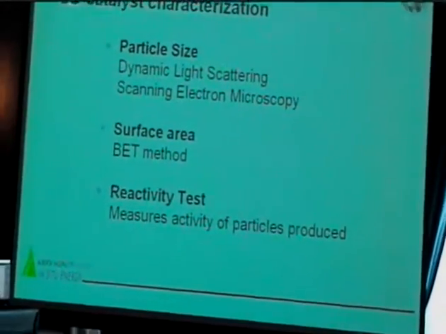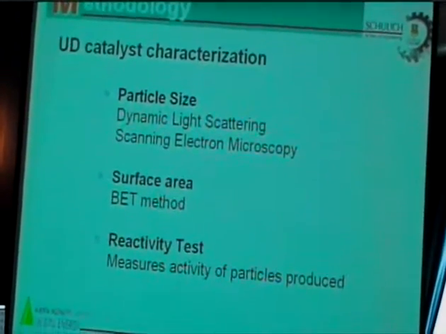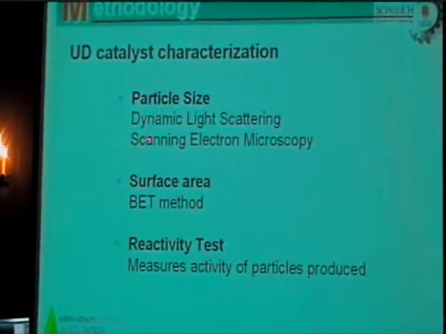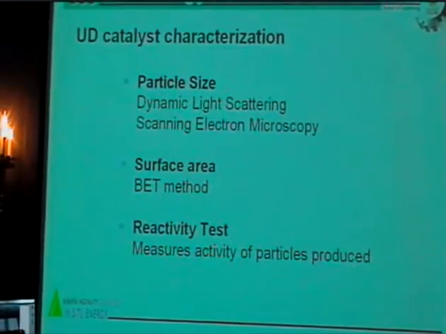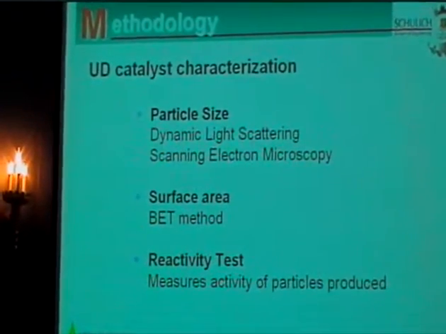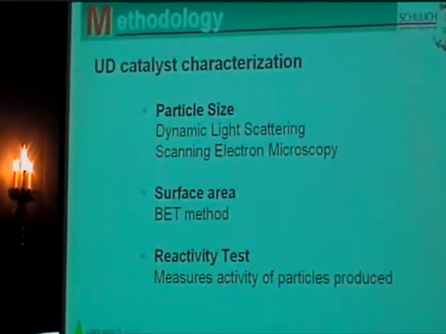Now, once we obtain that VGO with the ultra-dispersed catalyst dispersed, we characterize it by different means. First of all, we want to see the actual particle size of the metals we're forming. And we use the dynamic light scattering methodology to get a particle size of this catalyst in the same oil medium.